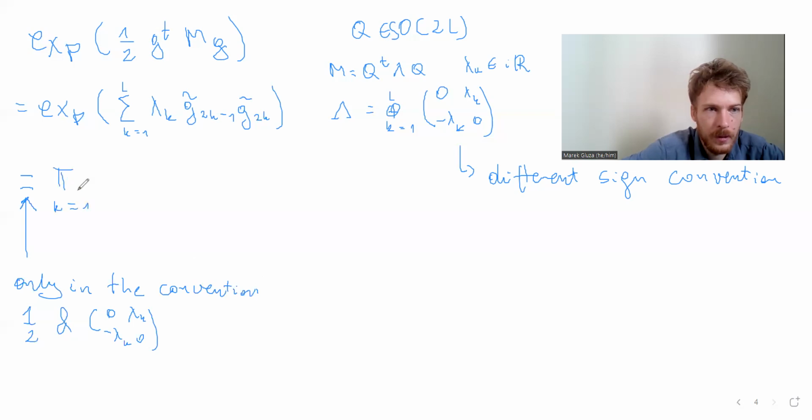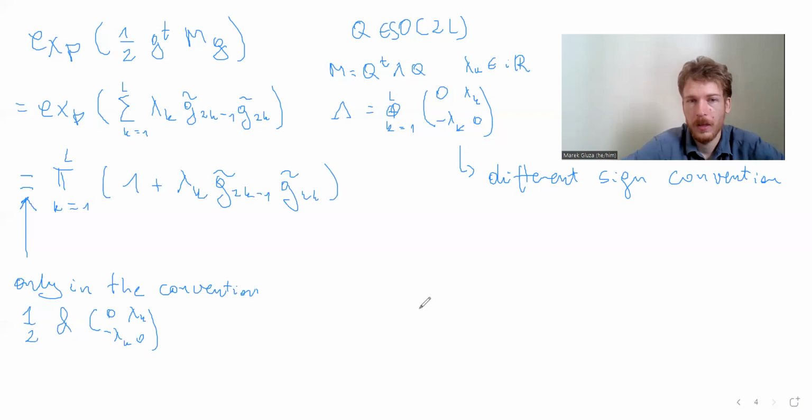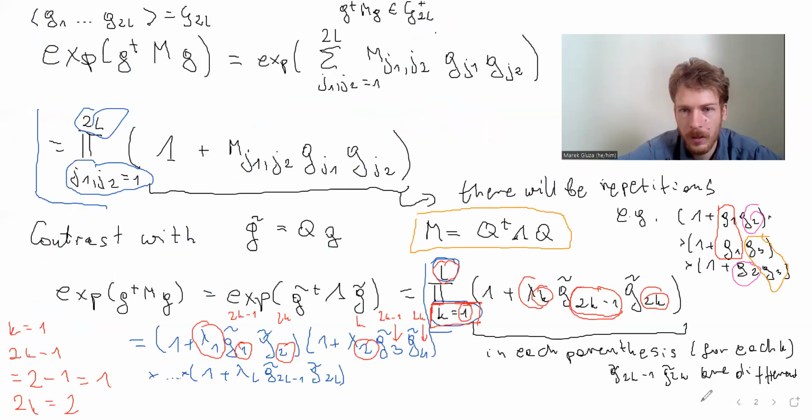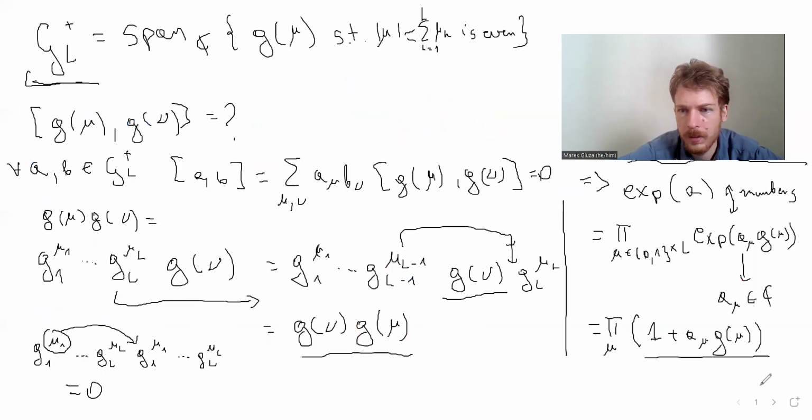So again, a product symbol because commuting, 1 plus lambda k with a plus g2k minus 1 tilde g2k tilde. So to recap, there was probably a mistake somewhere down the line when I was writing this with a plus, which means I should be defining this lambda matrix to have a plus sign.